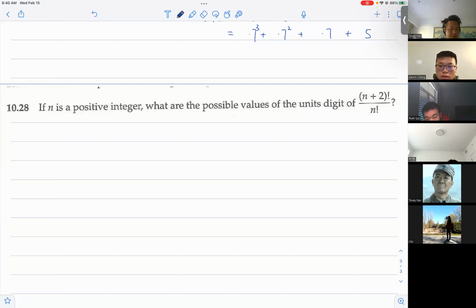Okay, good. Because then the product of this would be n plus 2 times n plus 1, because the other terms cancel out. Very good. So since we already have the product, that's just n squared plus 3n plus 2, right?